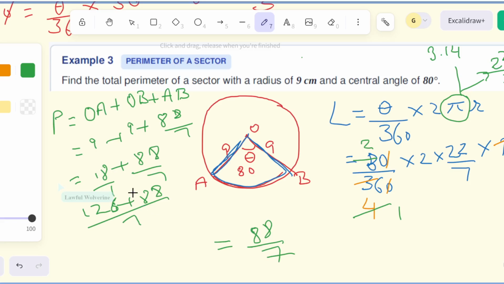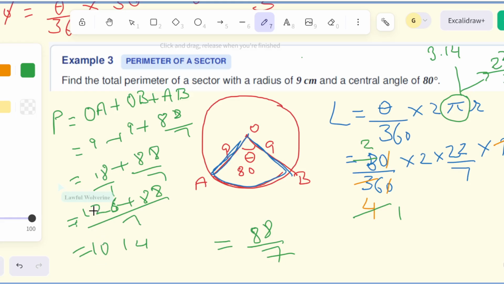Are you getting it? You may get it in fraction, that's fine. And then you can say 126, 8 plus 6 is 14, 1 and 8 is 10, 11, 1 and 8 is 9, 10.